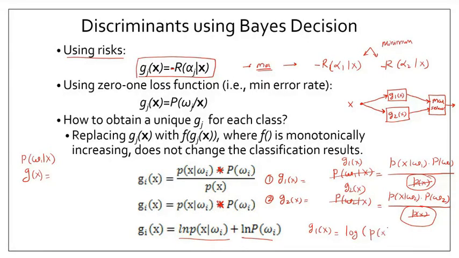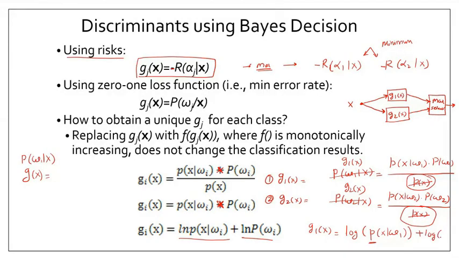So we are doing this intentionally because what we are assuming in the next step is that this likelihood function is normal distribution, so that will be of the exponential form. So log of exponential will make the things very simple, so that's why we intentionally take log for both equations.